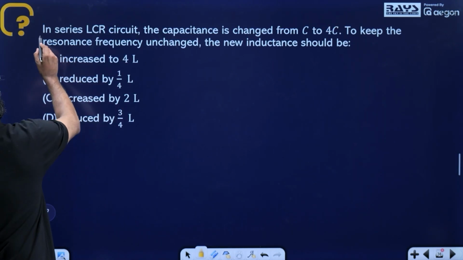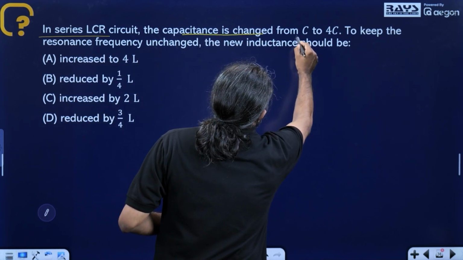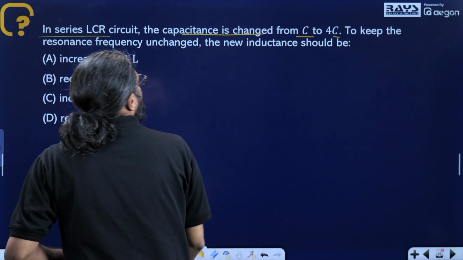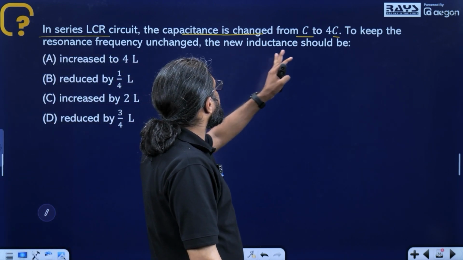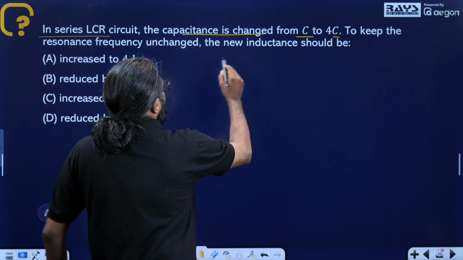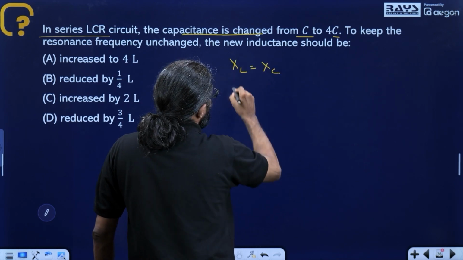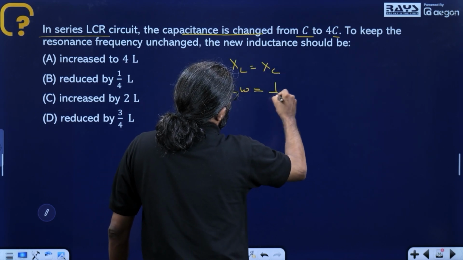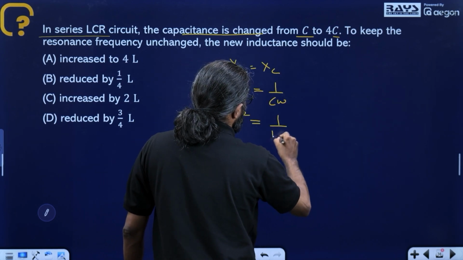The next question says, in series LCR circuit, the capacitance is changed from C to 4C. To keep the resonance frequency unchanged, the new inductance should be. Now, at resonance XL is equal to XC, which says L omega is equal to 1 by C omega, which means omega square is equal to 1 by LC.